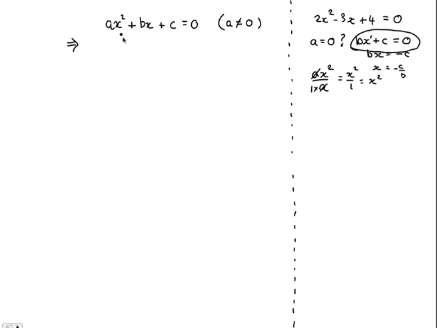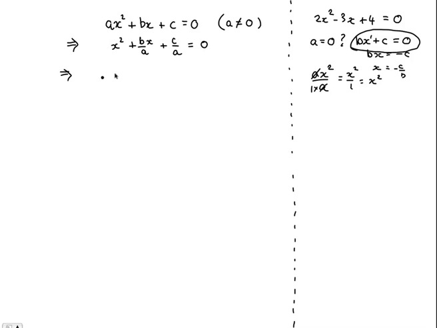So we're dividing by a to get rid, in effect, of this value here, so that we've got a 1 x squared, which makes life a lot easier. This one we would have bx divided by a plus c divided by a. When you divide 0 by a number, you still get 0. So there's the first move.